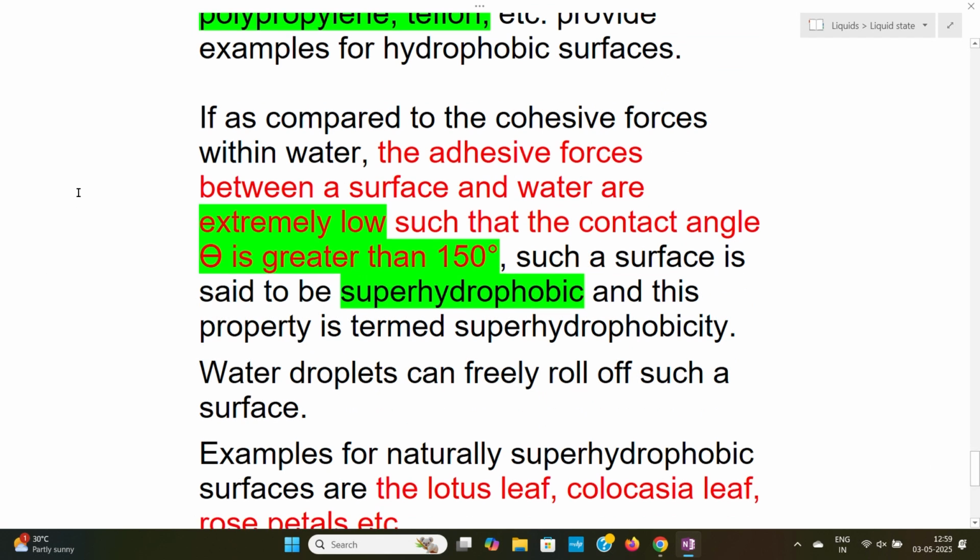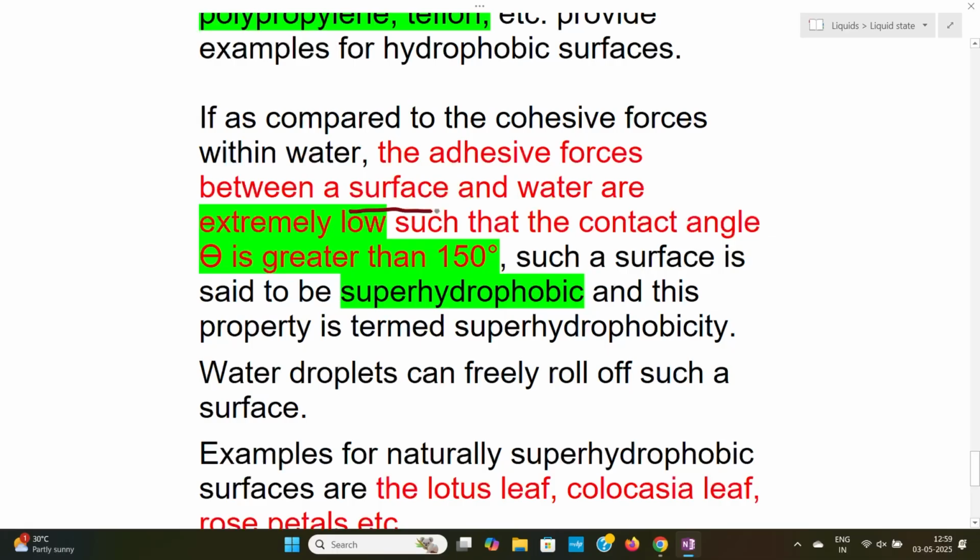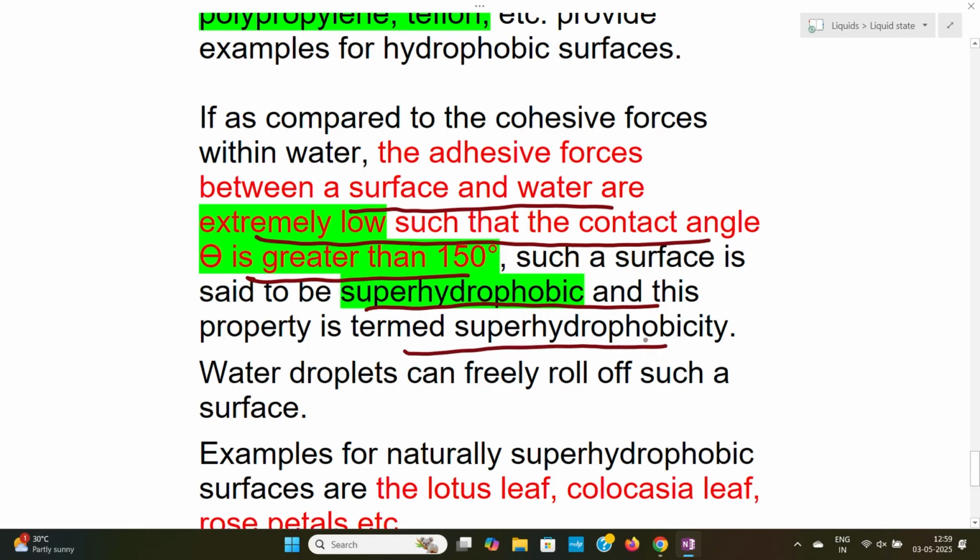Now, let us move on to another property, that is superhydrophobicity. In the case of superhydrophobicity, the adhesive forces between the surface and water are extremely low, such that the contact angle theta is greater than 150 degree. Such a surface is said to be a superhydrophobic surface, and this property is termed as superhydrophobicity.